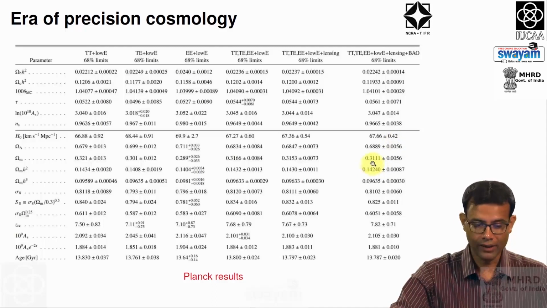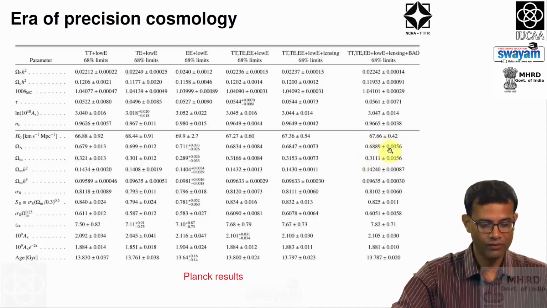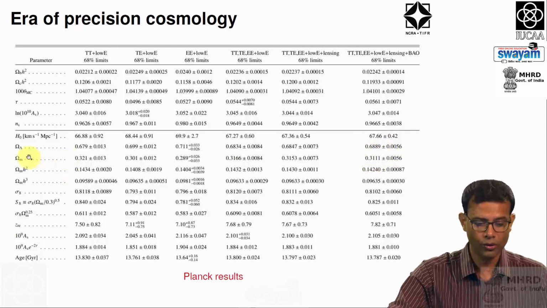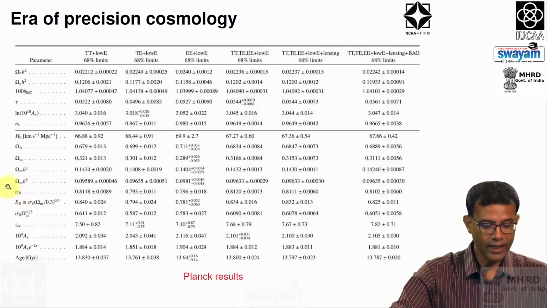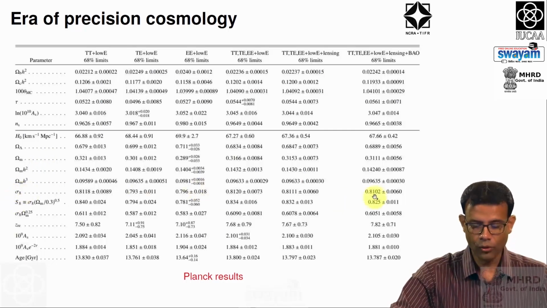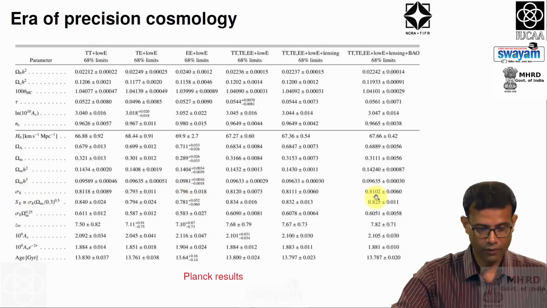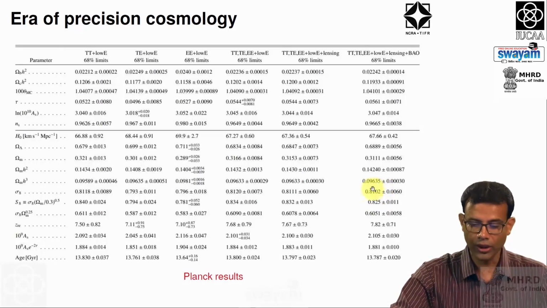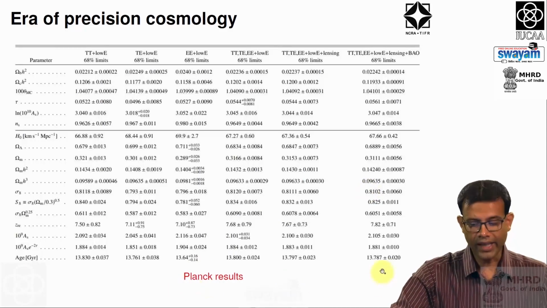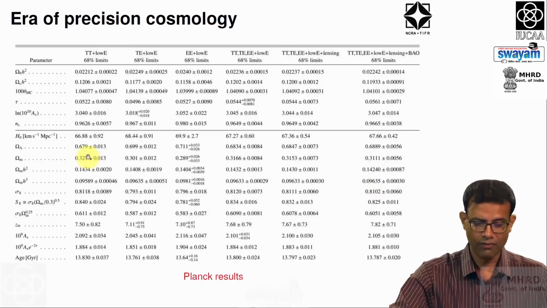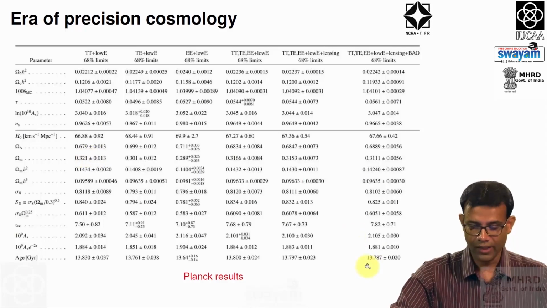Omega matter turns out to be just 1 minus this. Omega matter contains both omega baryon and omega dark matter. Okay. Sigma 8 is something to do with the normalization of the power spectrum, which is quite crucial for studying structure formation. Then comes the age. Given everything else, one can determine the age.